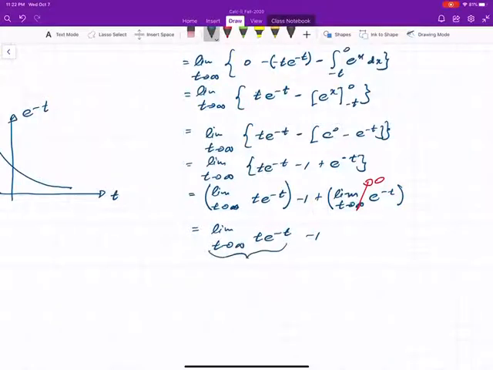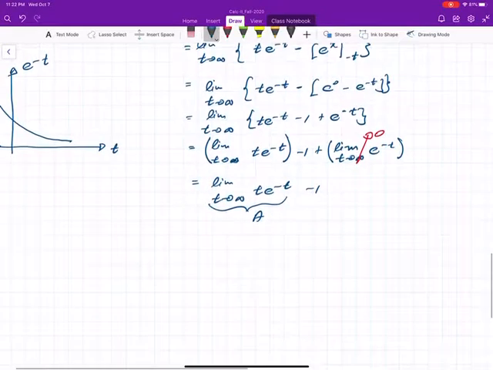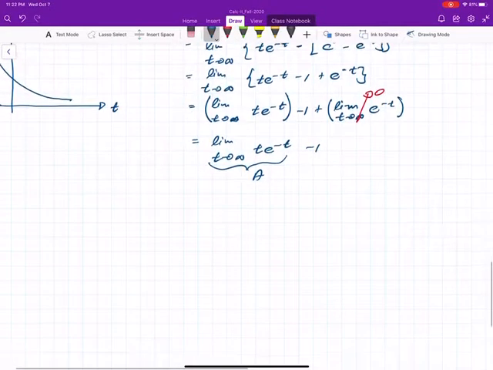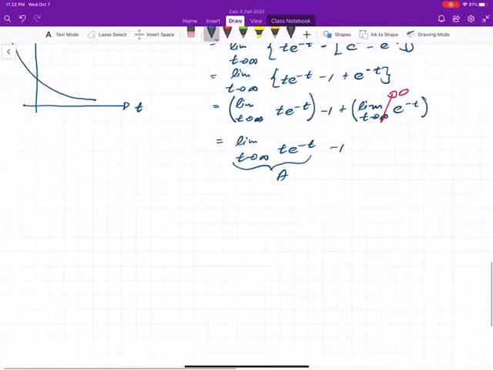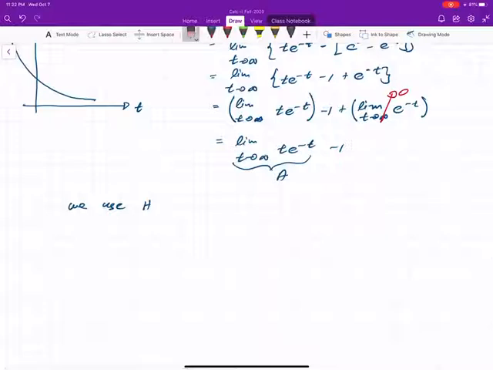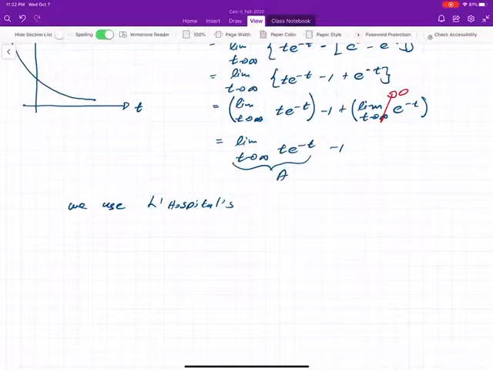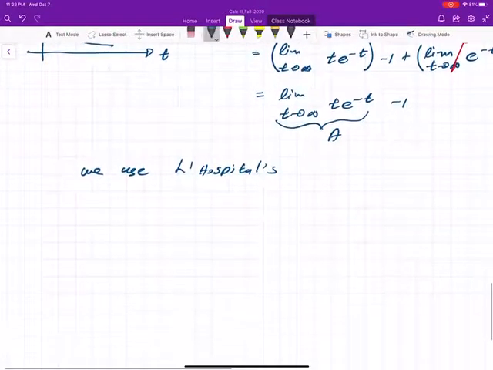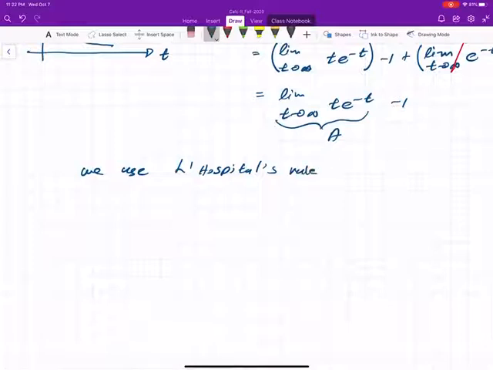Let me call this limit A. We use L'Hopital's rule for A. You have learned this in Calc 1.